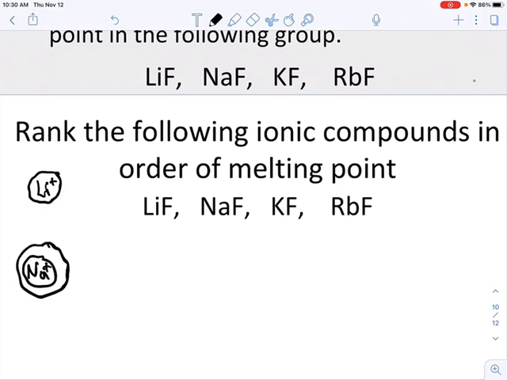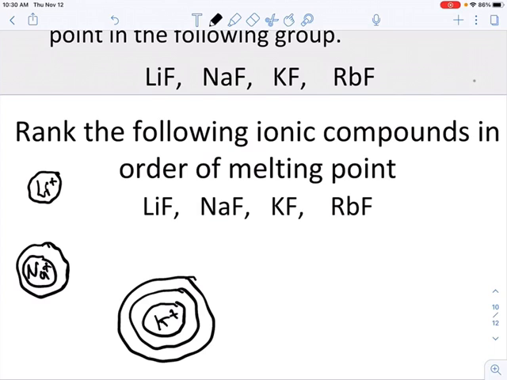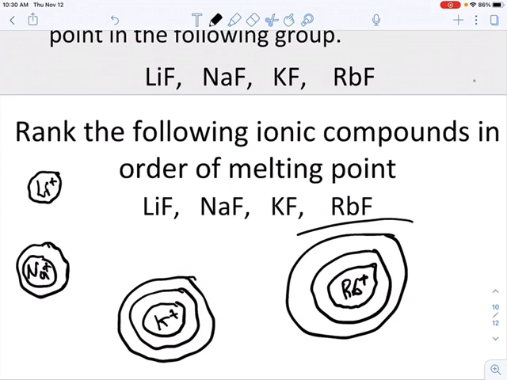Potassium is larger than sodium. It has 3 energy levels, 18 electrons. And then rubidium is my biggest cation in this example. Rubidium is beneath potassium, so it has an additional energy level. It's got 4 energy levels. It's a huge atom.